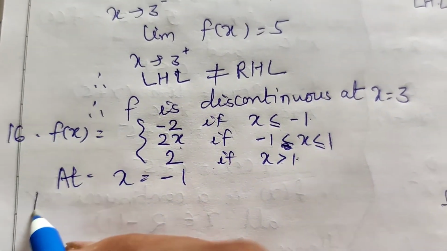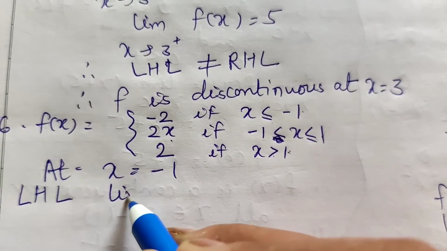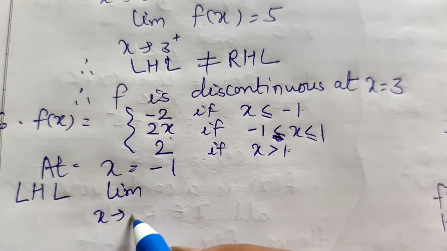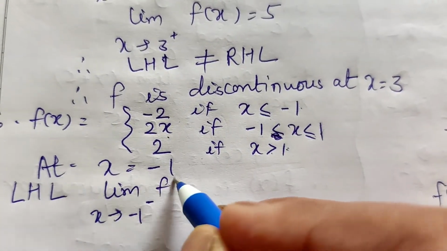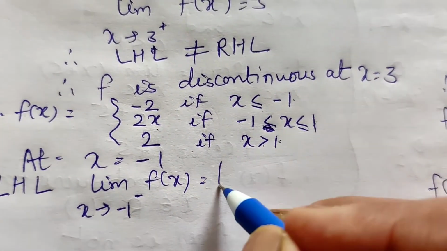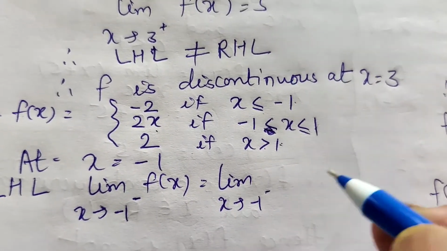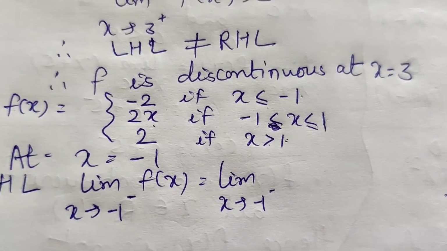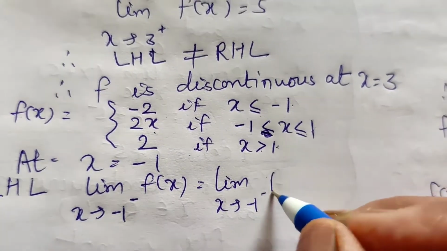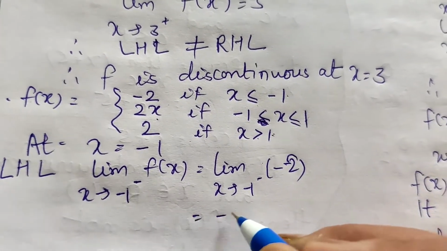First we find the left hand limit, x tends to minus 1 minus, and the function value is minus 2.